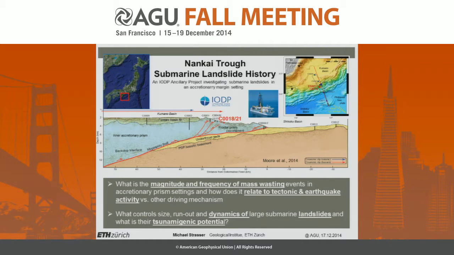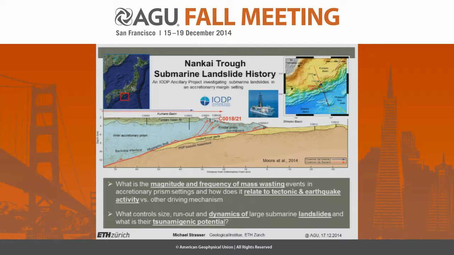We are in southwest Japan, where the Philippine Sea plate is being subducted below the Japan arc and forms this huge accretionary prism. On the upper slope of that accretionary prism there are a bunch of small, and I'll zoom in, they're not that small, but on this scale they do look small, trench slope basins that are filled in by landslides over the last 2 million years or so.